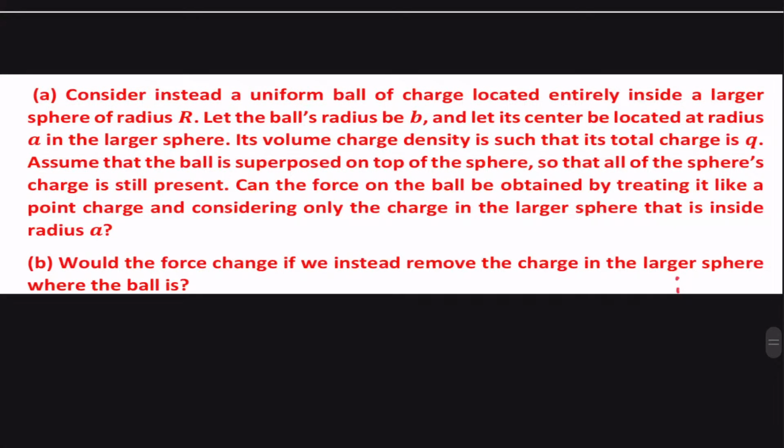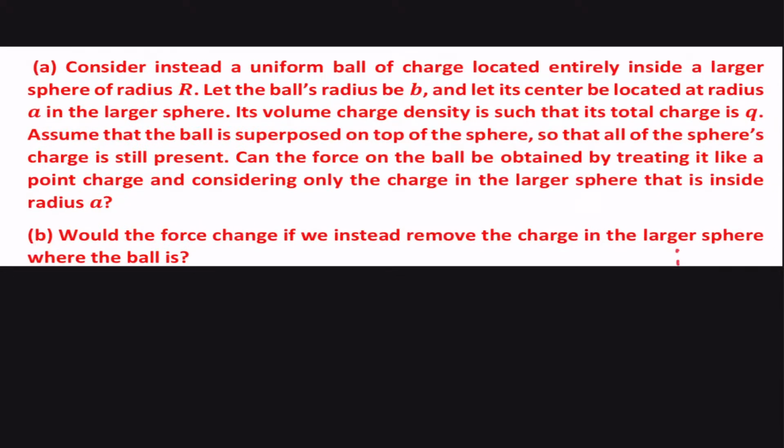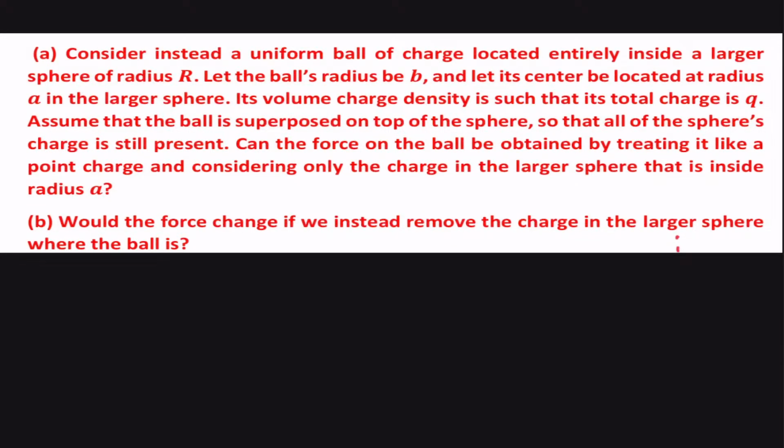It's almost the same, okay, but the question is framed directly, but it can be asked in an indirect way also. Here the question states: consider, one second, there is a mistake.